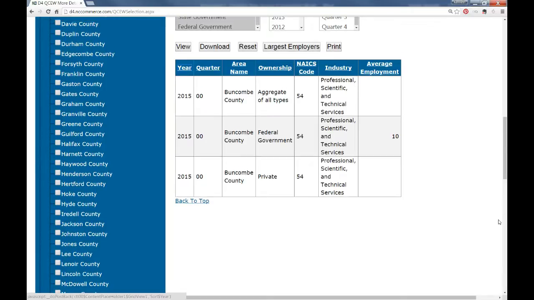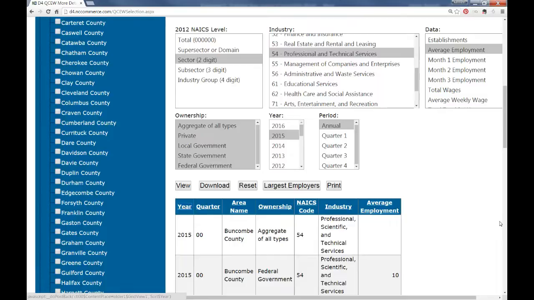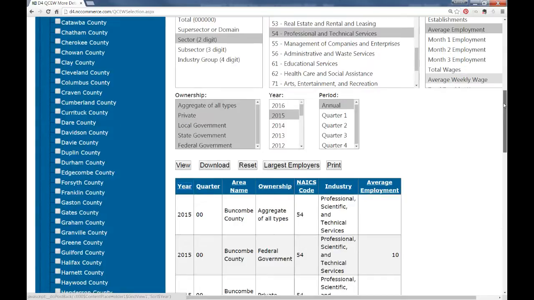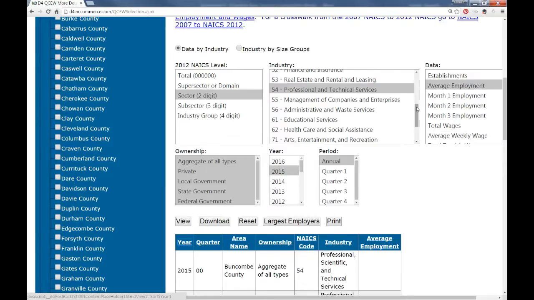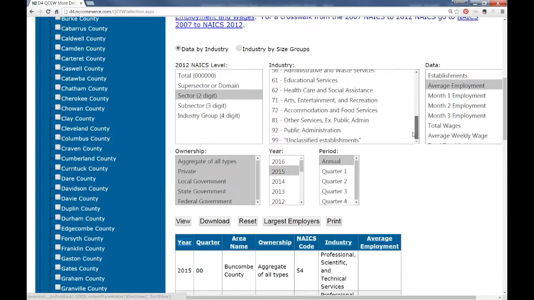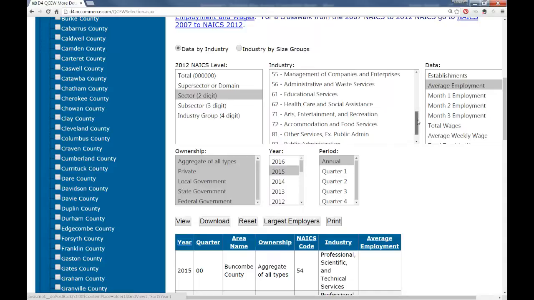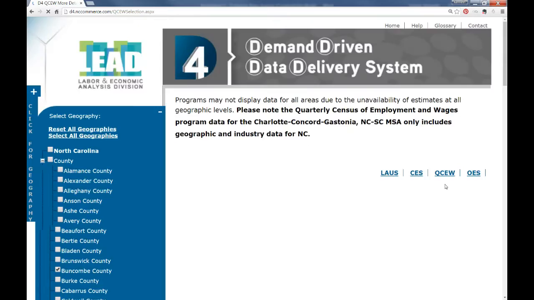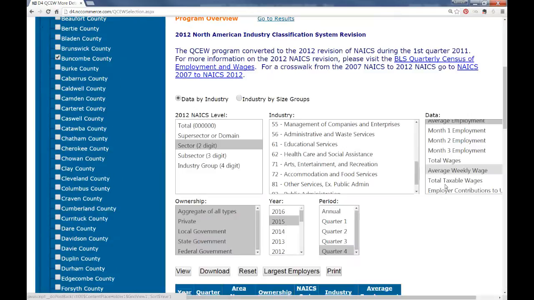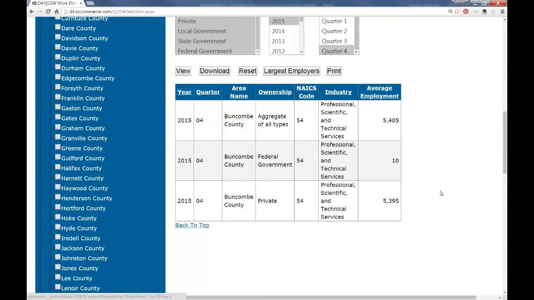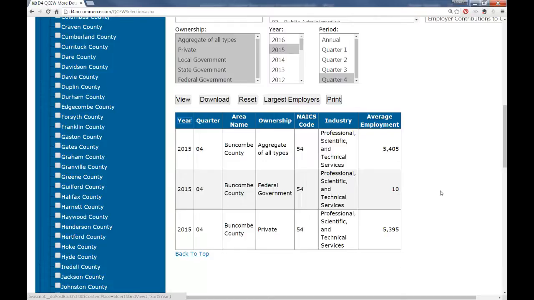Okay, it's interesting. Okay, that's better. So you've got to look at Q4, which I'm a little surprised.